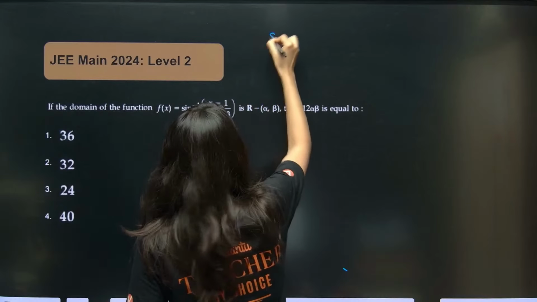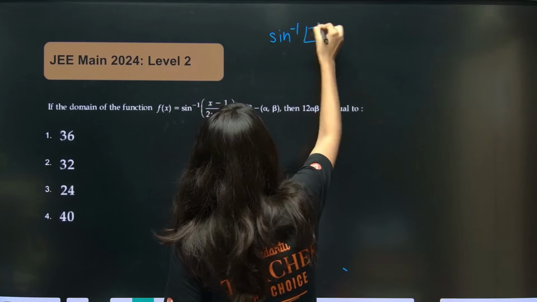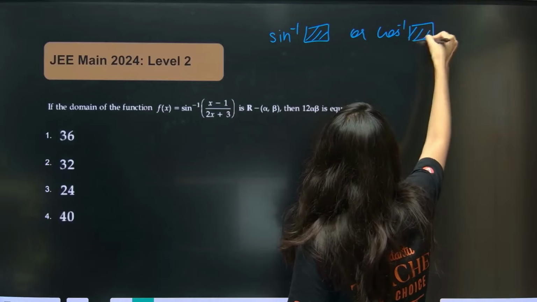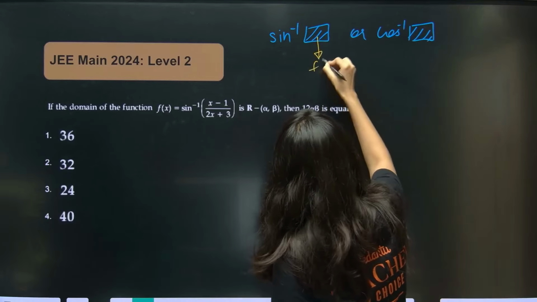So whenever you see sine inverse of something or cos inverse of something, let's assume that this is your f of x.